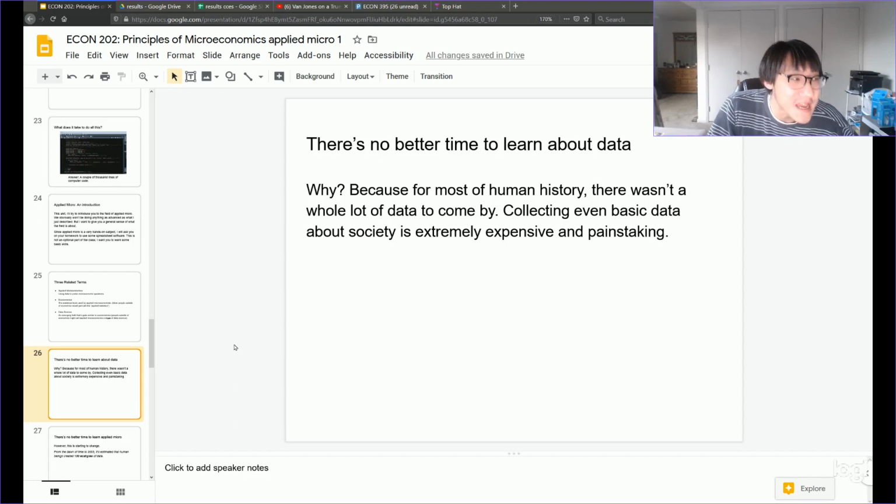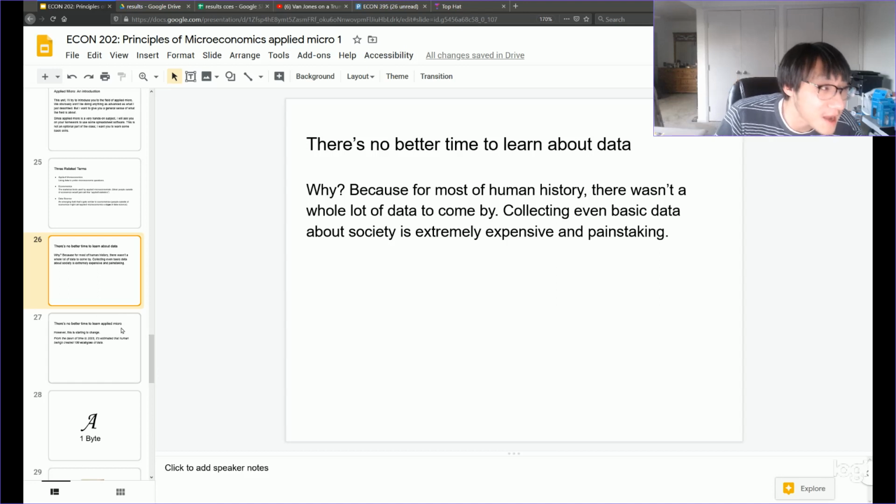Collecting even basic data about society at any significant scale is an extremely expensive and difficult undertaking. However, that is starting to change. Okay, and to give you a sense of how much this is changing, I'll give you some rough numbers.